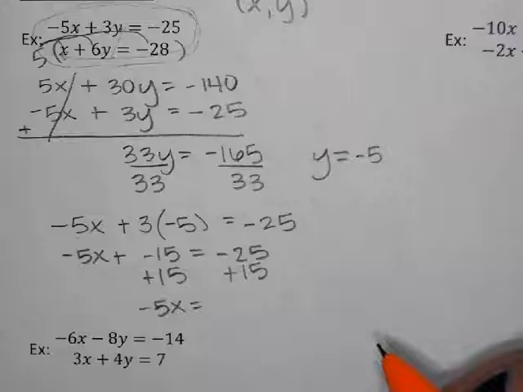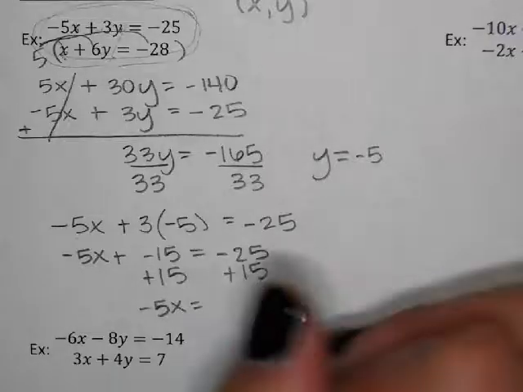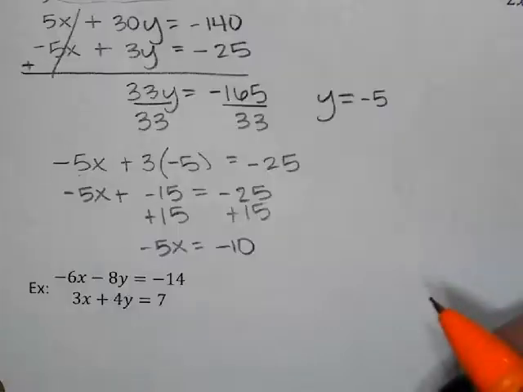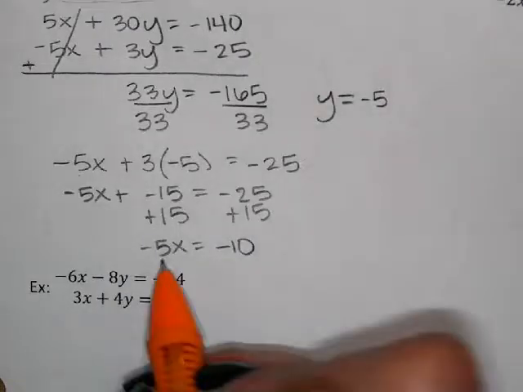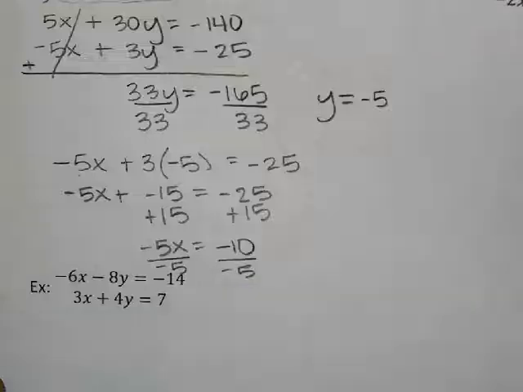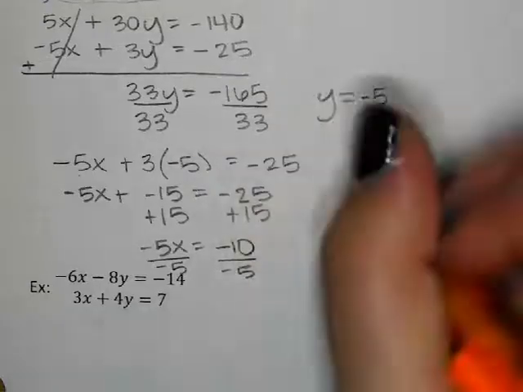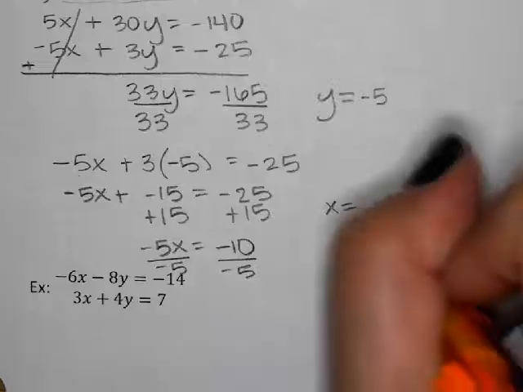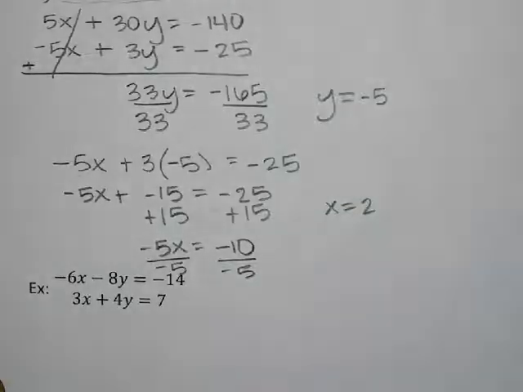Okay. Now, I don't put 2 boxes for my answer. I do x comma y, so I do 2 comma negative 5.